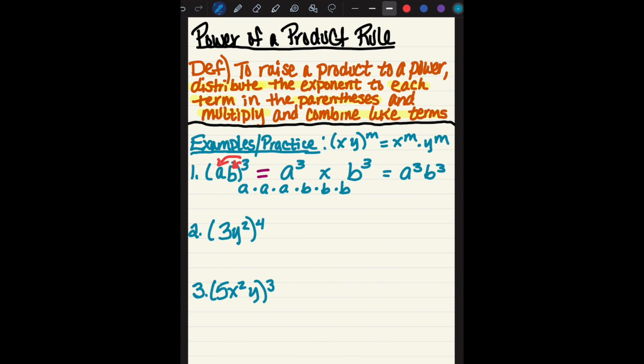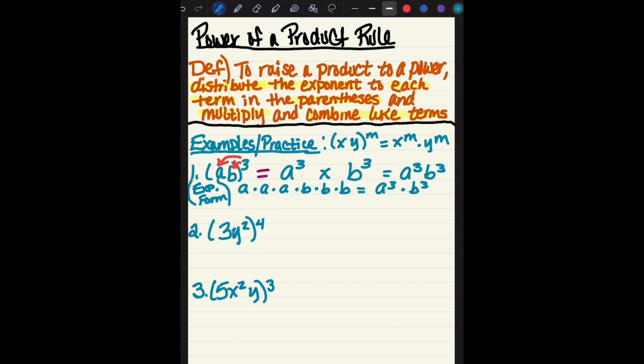This is our expanded form. I abbreviate expanded, so that's what it means. Then you would get this part. Same thing, real easy.